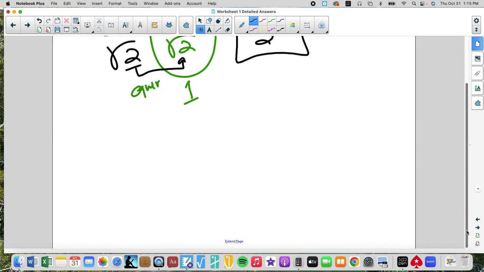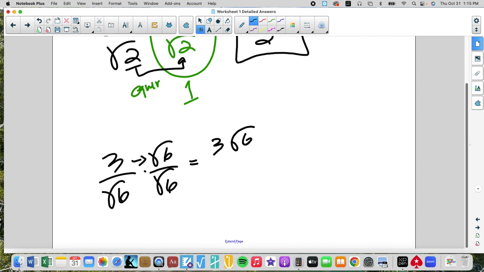So that's one example. You can have 3 over rad 6. Let's do 6, that's way better. To rationalize it, you multiply it by rad 6 over rad 6. This becomes 3 rad 6. You can't combine those. That's outside, this is inside.